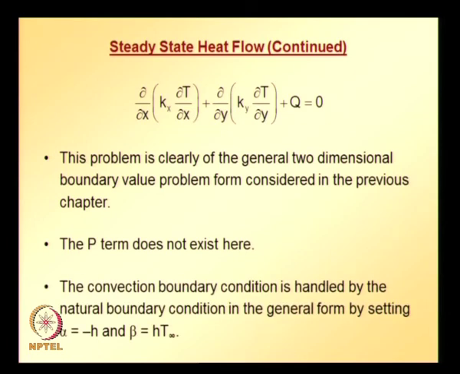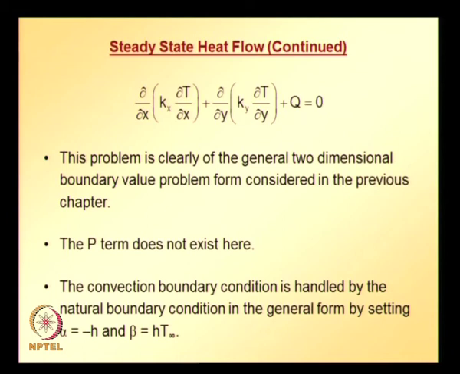So, Kp is going to be 0, and if it is an insulated boundary, alpha and beta are going to be 0. If it is a convection boundary condition, then it is handled by taking alpha equal to minus h, beta equal to h times T infinity. T infinity is nothing but the temperature of the surrounding.